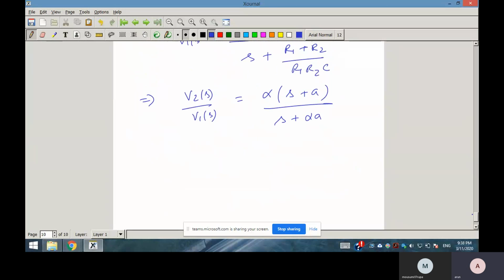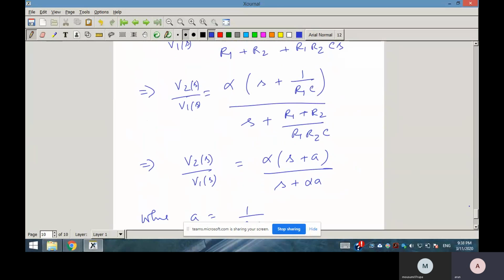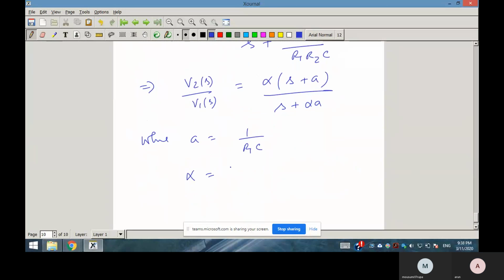Where A is equal to 1 by R1C, and alpha is equal to, if we divide, R1C will cancel, so R1 divided by R1 plus R2, divided by R2, so R1 plus R2 divided by R2, which is less than 1.